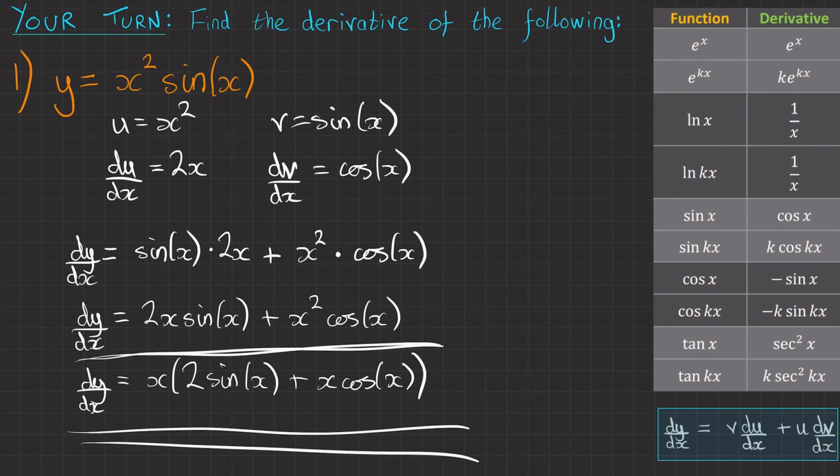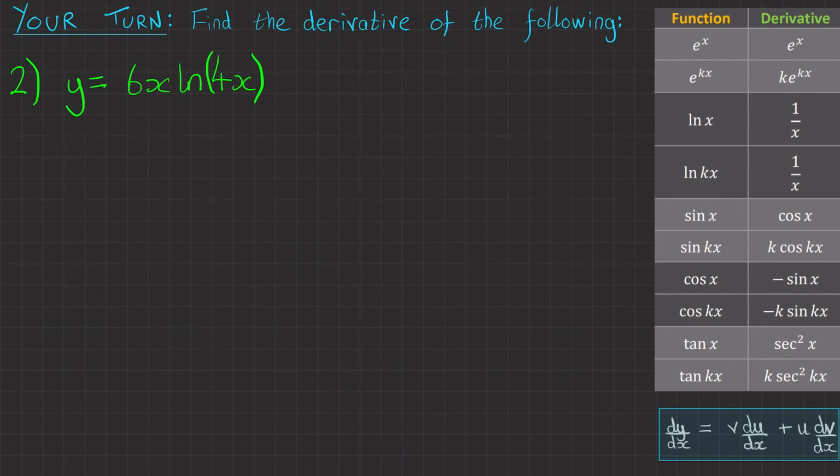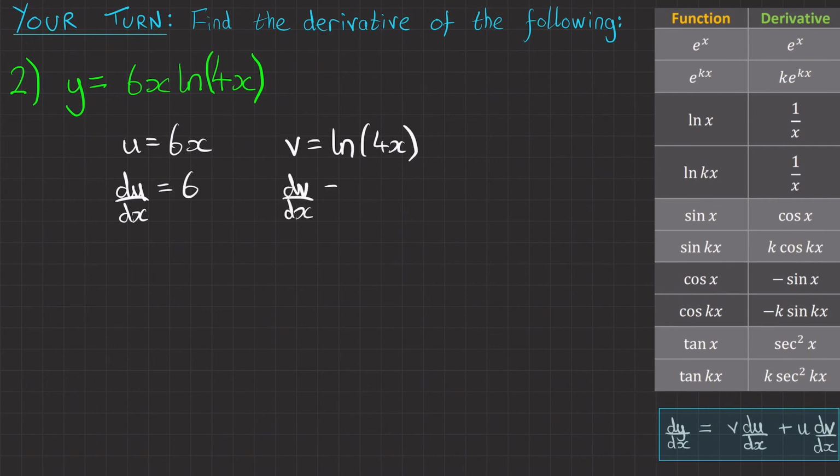So two possible answers for you. The second one, we've got u equals 6x, v equals ln 4x, du by dx equals 6, and dv by dx equals 1 over x.